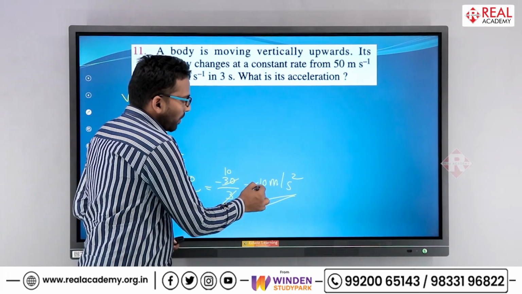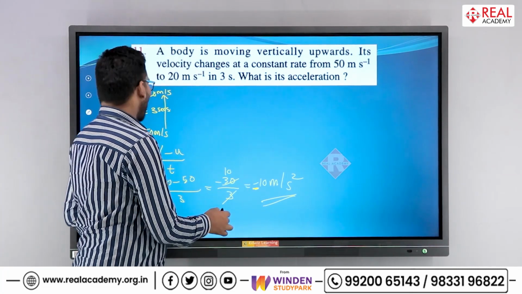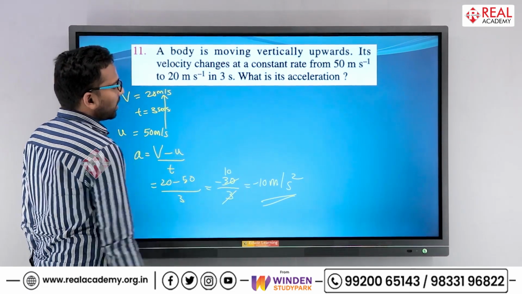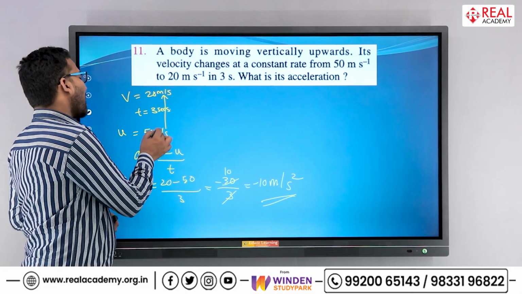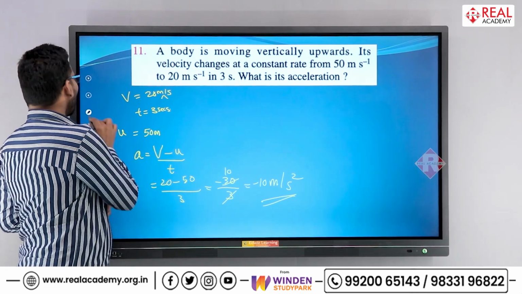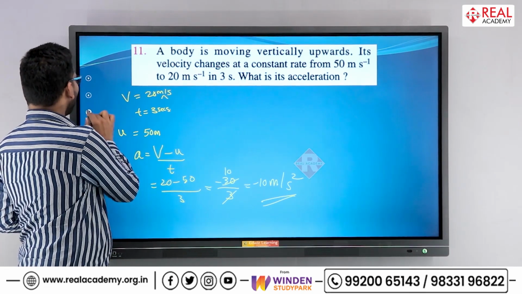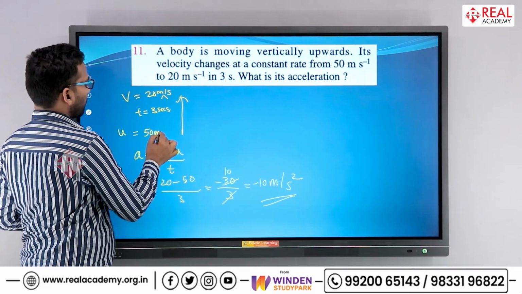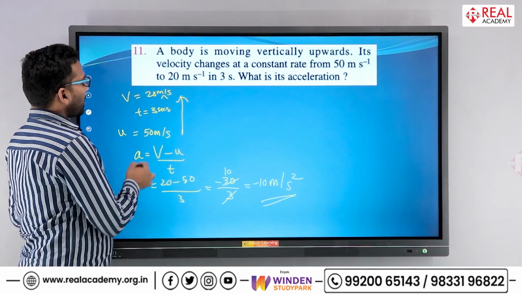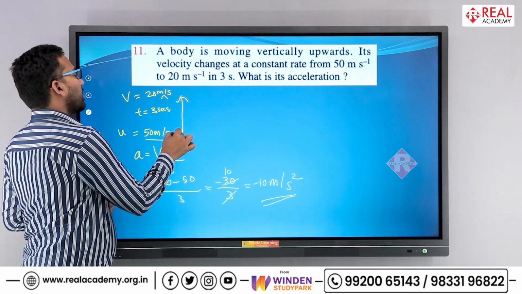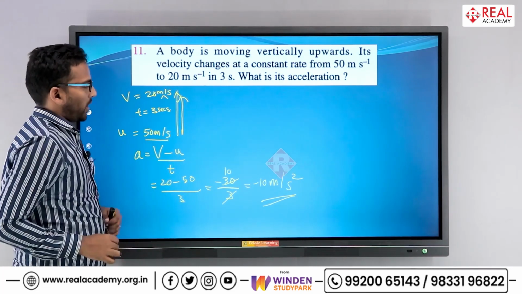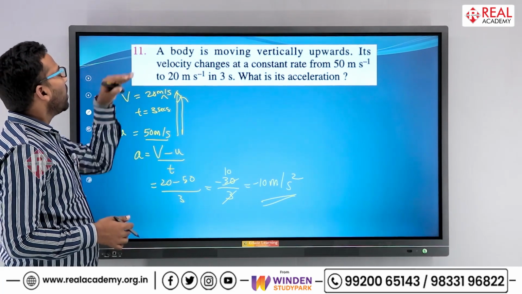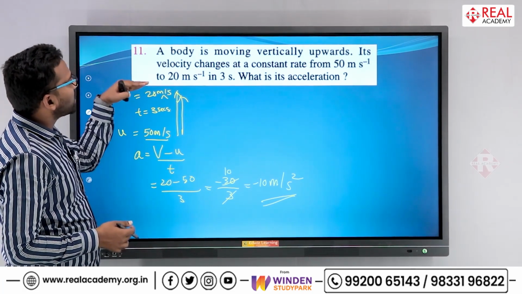Here minus 10, this minus sign represents that the velocity is decreasing as we go in the upward direction. The initial velocity is greater than the final velocity. That means the velocity is decreasing.